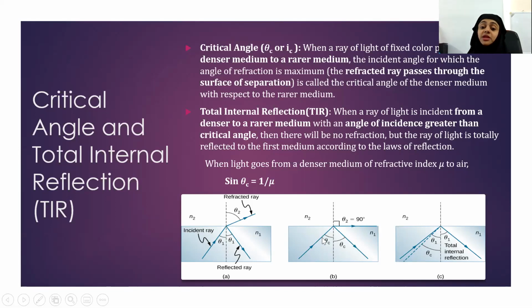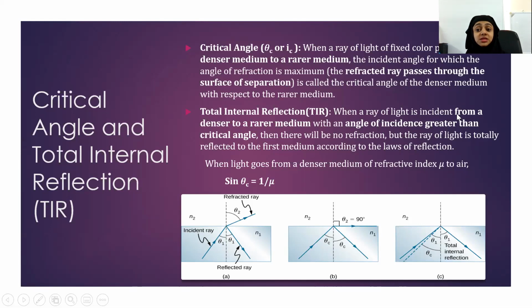Now, what will happen if you further increase the angle of incidence? There will not be any refracted ray. All the light ray will get reflected back to the same medium. This is called total internal reflection. So what is total internal reflection?